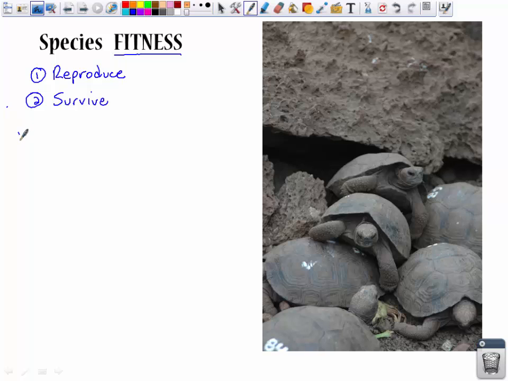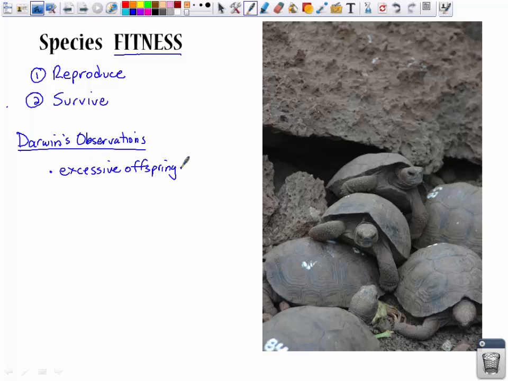And Darwin had a couple of observations. I think we all know that Darwin did his work in the Galapagos, a very diverse ecosystem. And when he was in the Galapagos, he came up with a couple of observations. The first one was that species produce an excessive amount of offspring, and he wondered why.